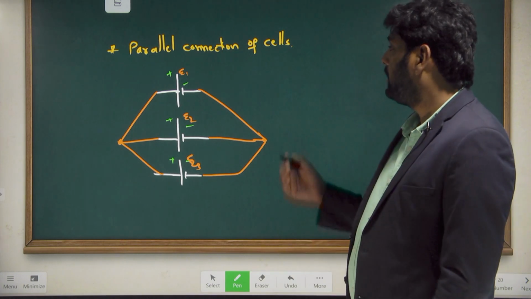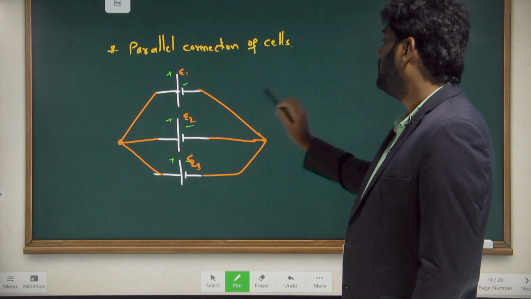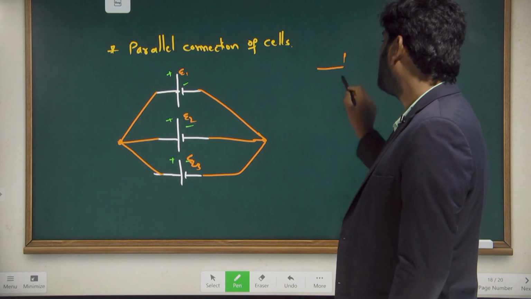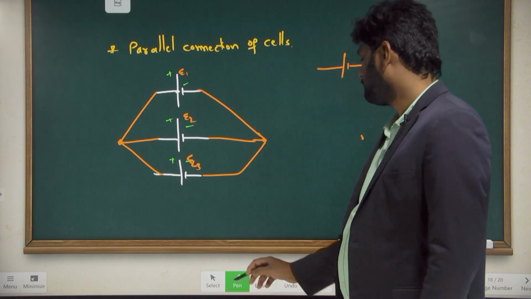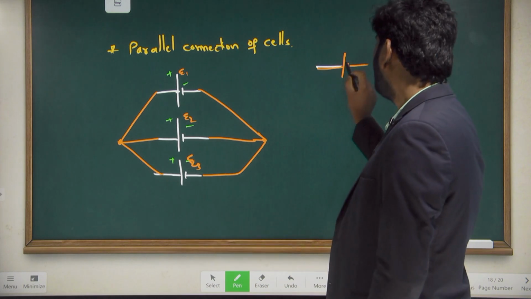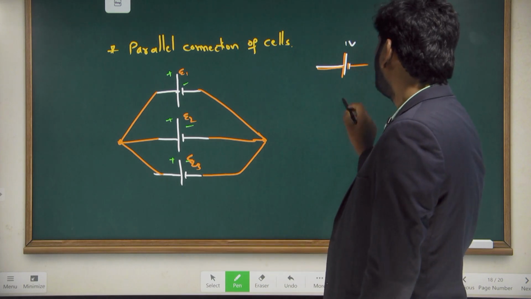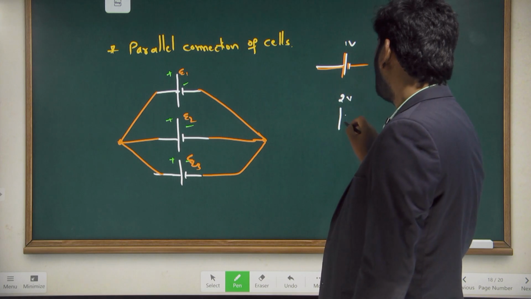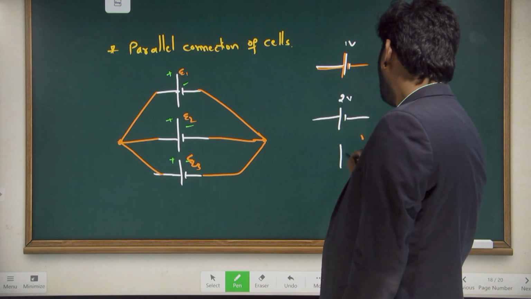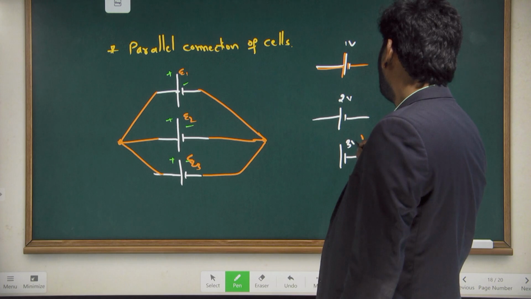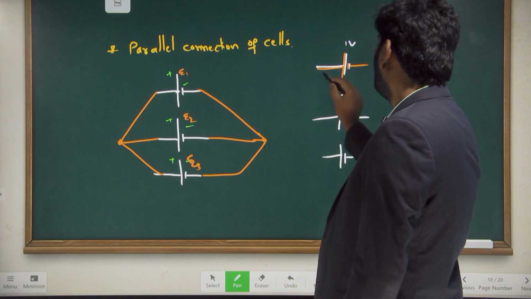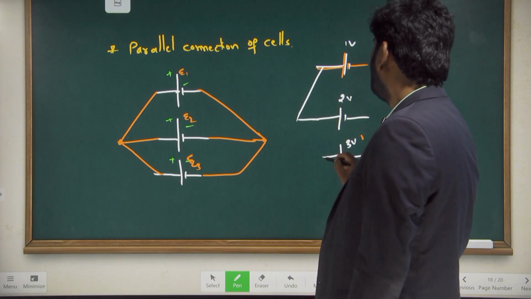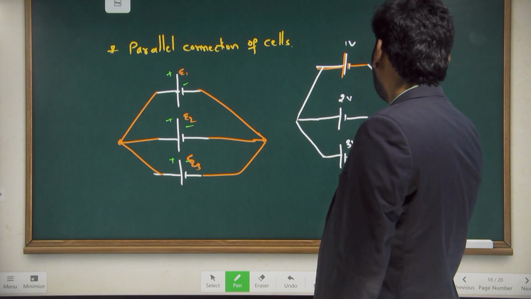Now I will give an example here. For example, three cells having 1 volt, 2 volt, and 3 volt, connected in parallel.